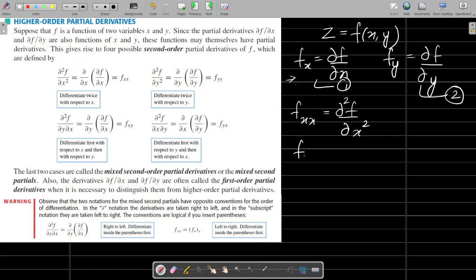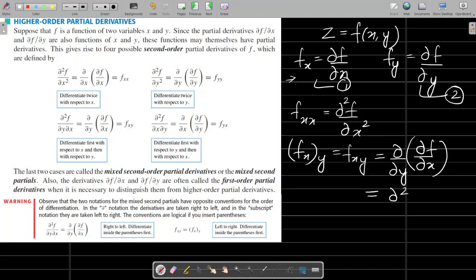So fx I am differentiating with respect to y, so the notation is fxy, or equivalently in the other notation, dou f by dou x I am differentiating again with respect to y, so that becomes dou square f by dou y dou x. So do you see the difference in notation here? With this notation the term is fxy, and with the dou notation, the term is dou square f by dou y dou x.